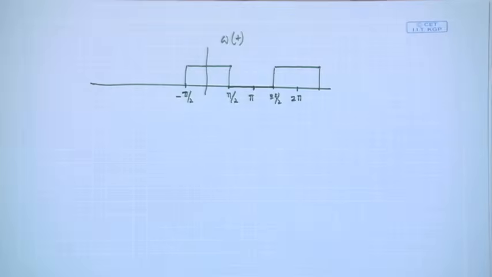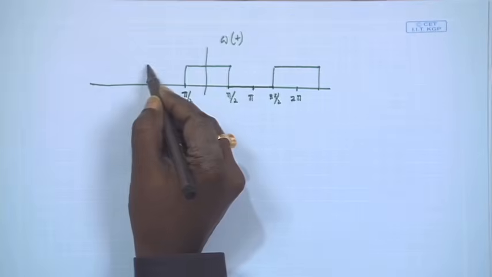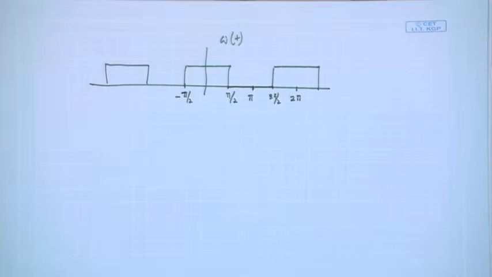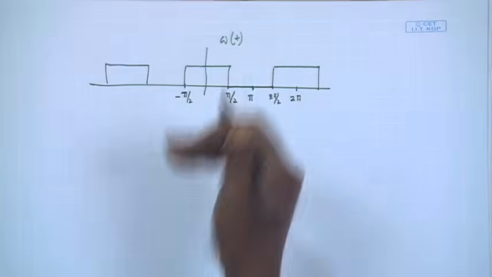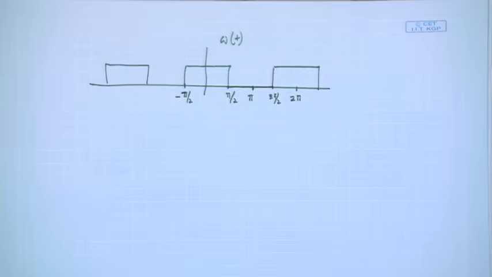So if I represent a signal like this, which is a periodic signal, and we evaluate the Fourier coefficients the way we have learned, we can see all the Fourier coefficients, and we can then start representing this signal with respect to frequency components.